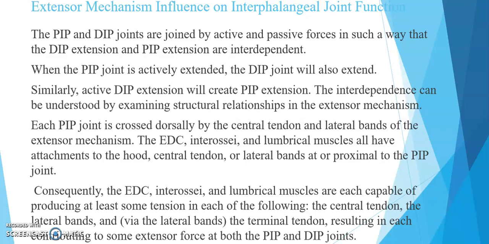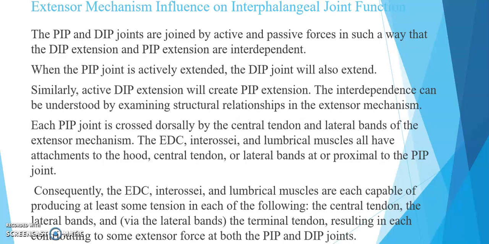The EDC, interossei, and lumbrical muscles all have attachments to the hood, central tendon, and lateral bands at or proximal to the PIP joint. So at the level of the PIP joint, we have all these structures attaching: the central tendon, hood, and lateral bands.